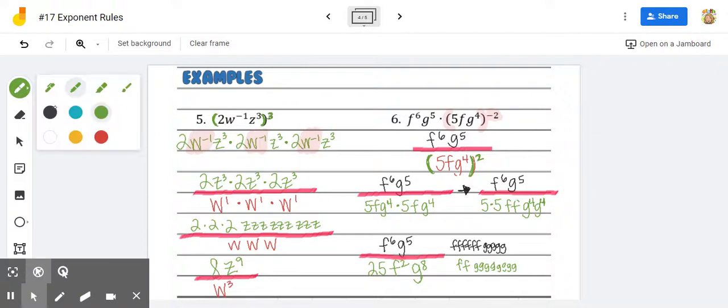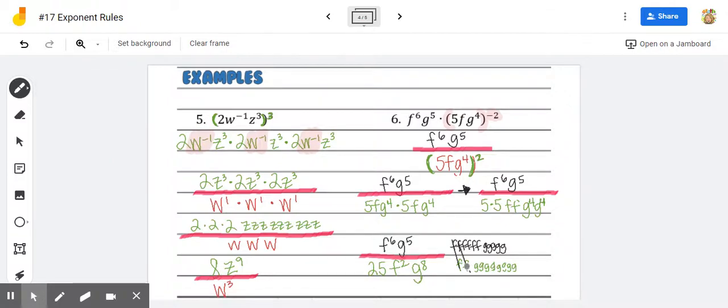So according to what we see, am I top heavy or bottom heavy by f's? Looks like we're top heavy by 4 f's. And in terms of our g's, are we top heavy or bottom heavy? Looks like our g's are bottom heavy by 3.